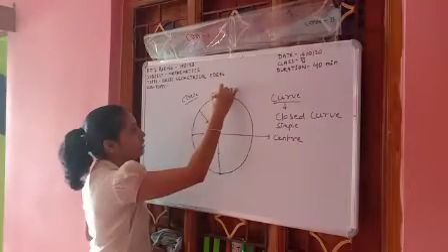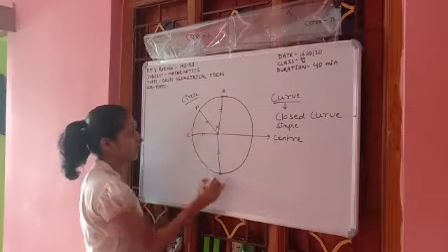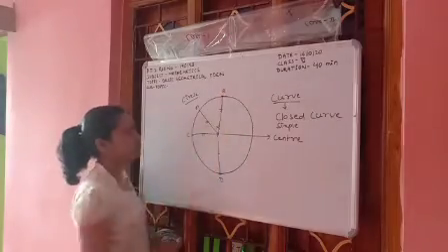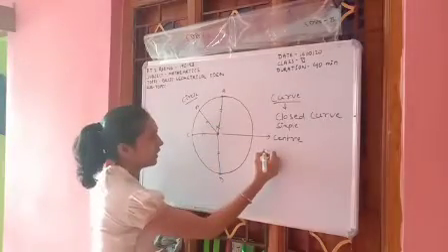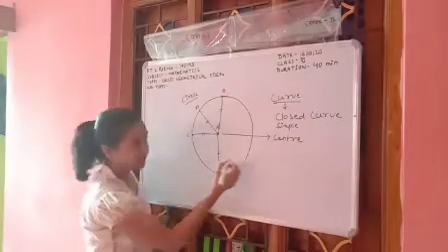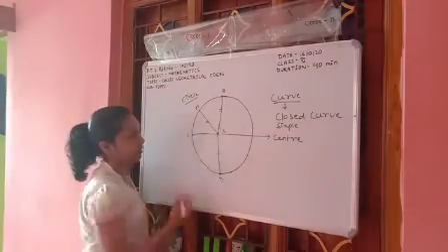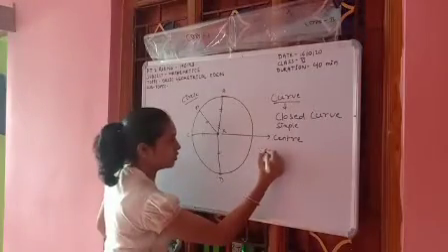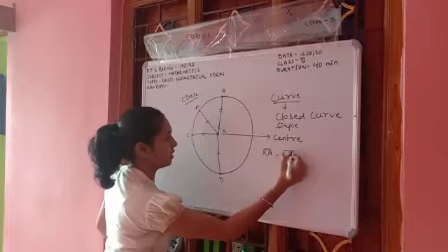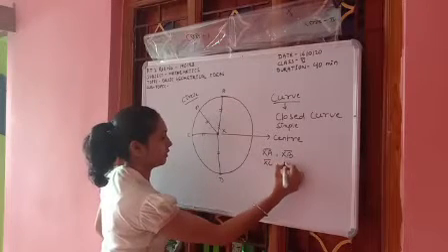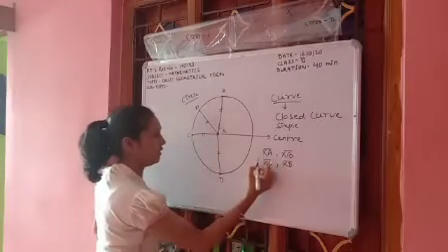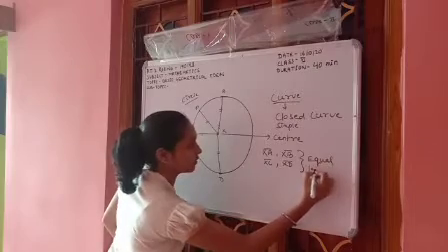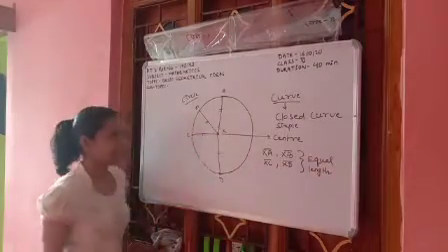Let's name the points A, B, C and D. The line segments from the center point X to the points: XA, XB, XC and XD. These are all equal in length.